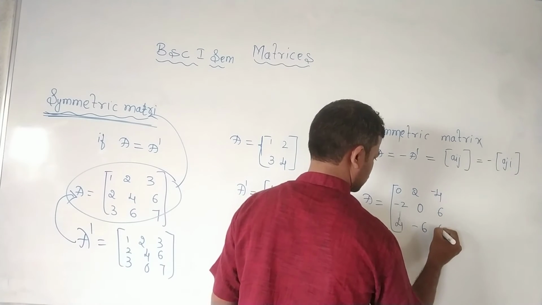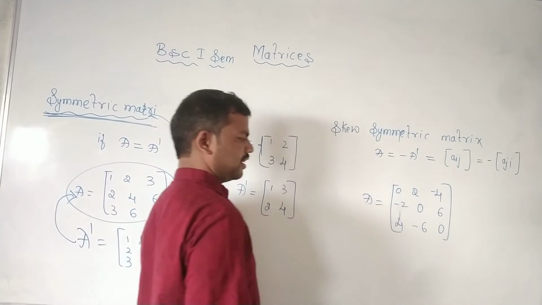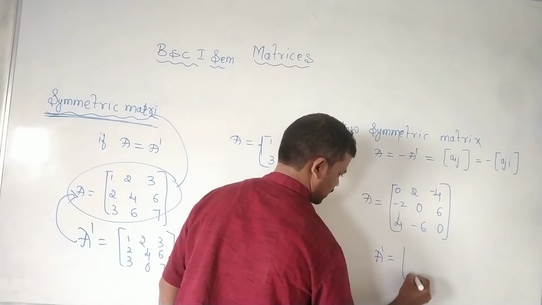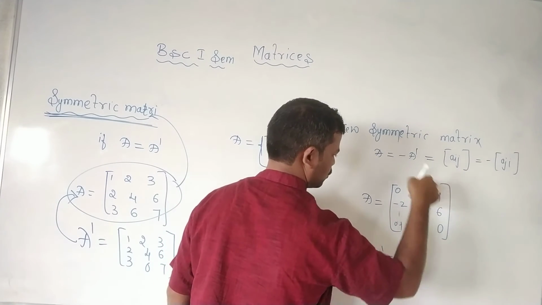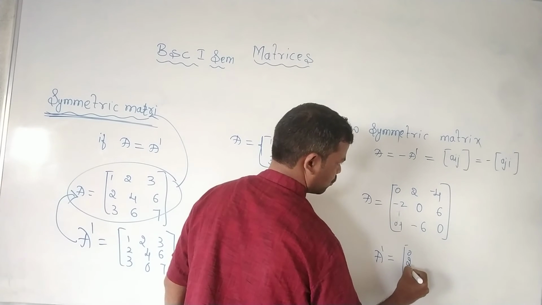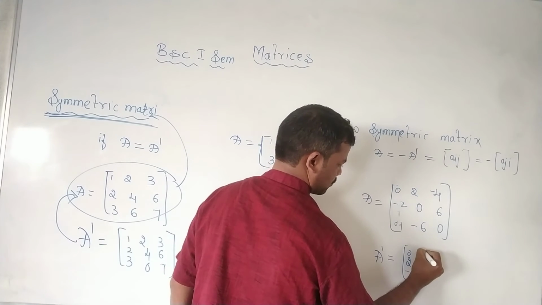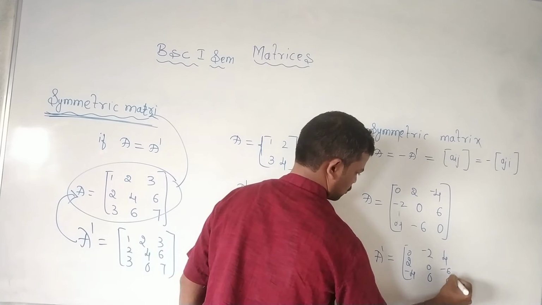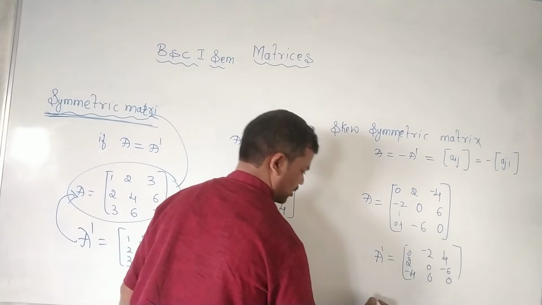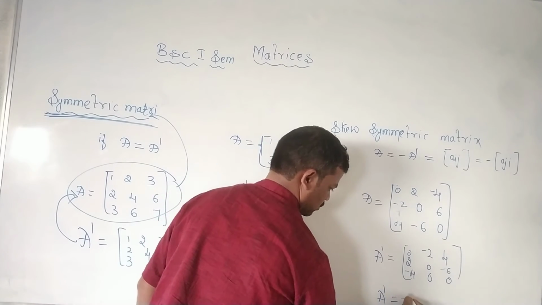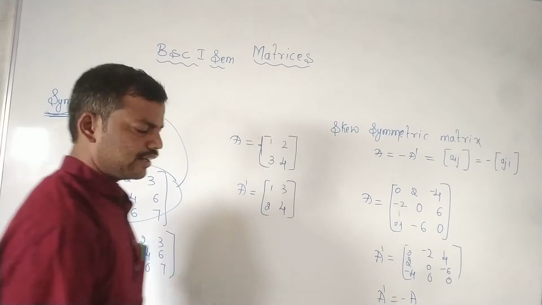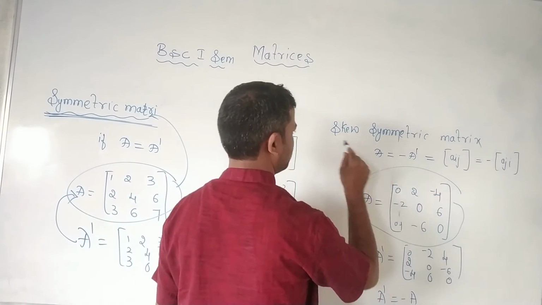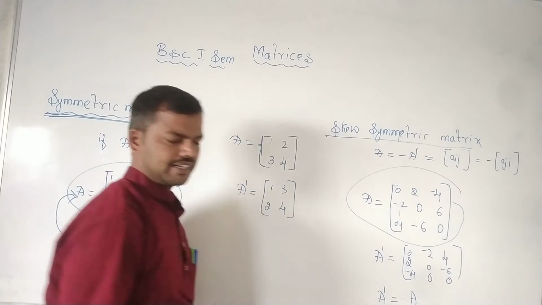If you transpose this, we get A transpose: 0 minus 2 minus 4, 2 0 minus 6, 4 6 0. Now take minus common. Then we get A transpose equal to minus A. For that, this matrix A is said to be a skew symmetric matrix.